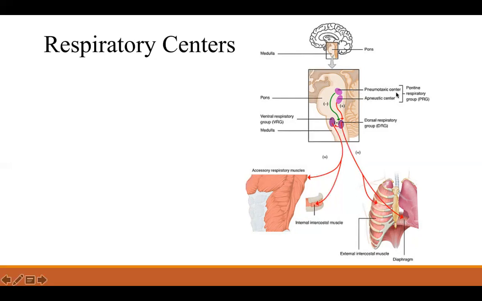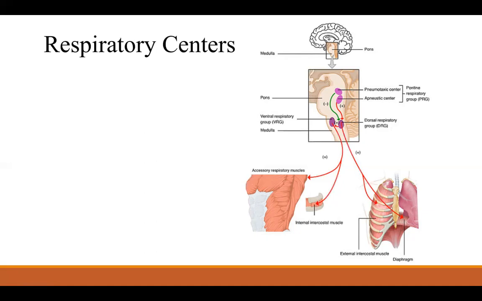Both together are called the pontine respiratory group. The pontine respiratory group, as you can tell, reaches the medulla, in particular the dorsal respiratory group. The dorsal respiratory group is like the primary center that stimulates the respiratory muscles.